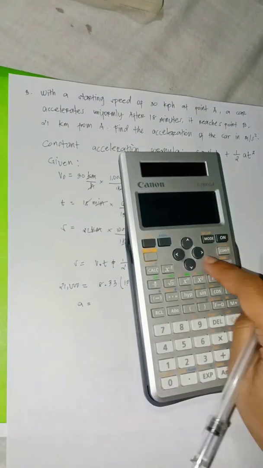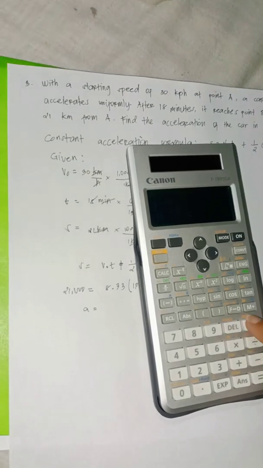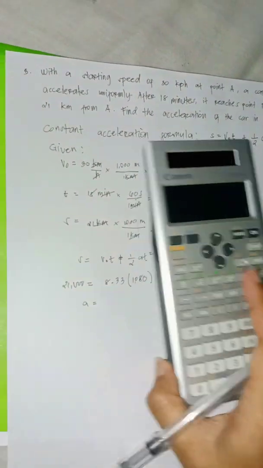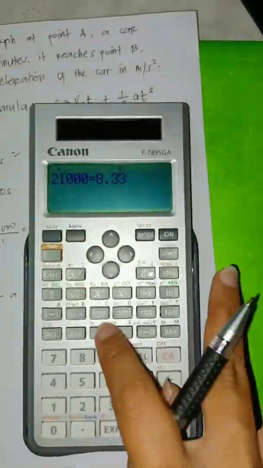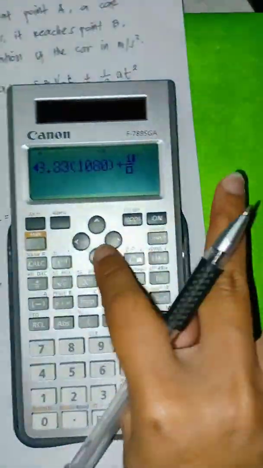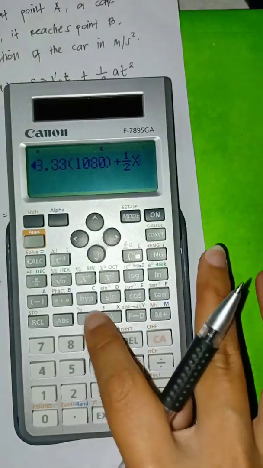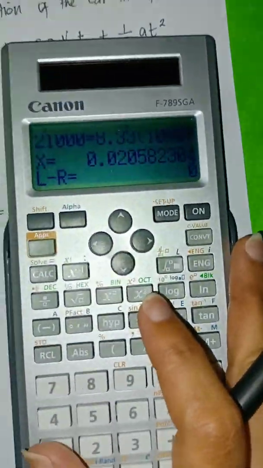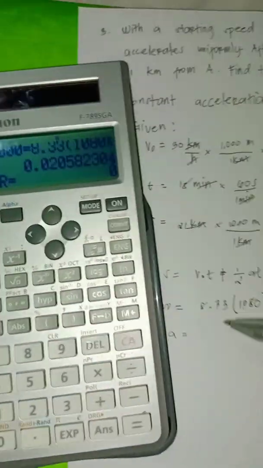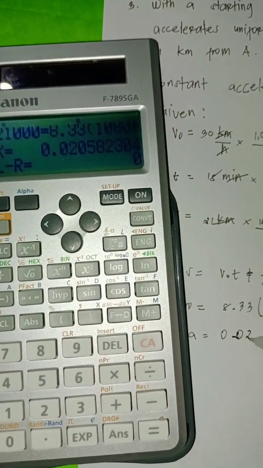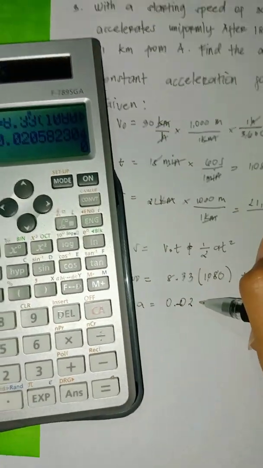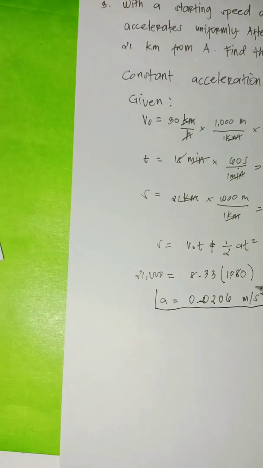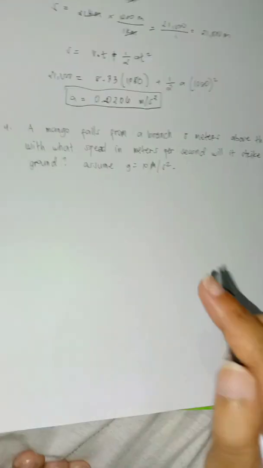So the value of our a will be, using the calculator of course, 0.0206 to round off, meter per second squared. So this is our final answer for acceleration.